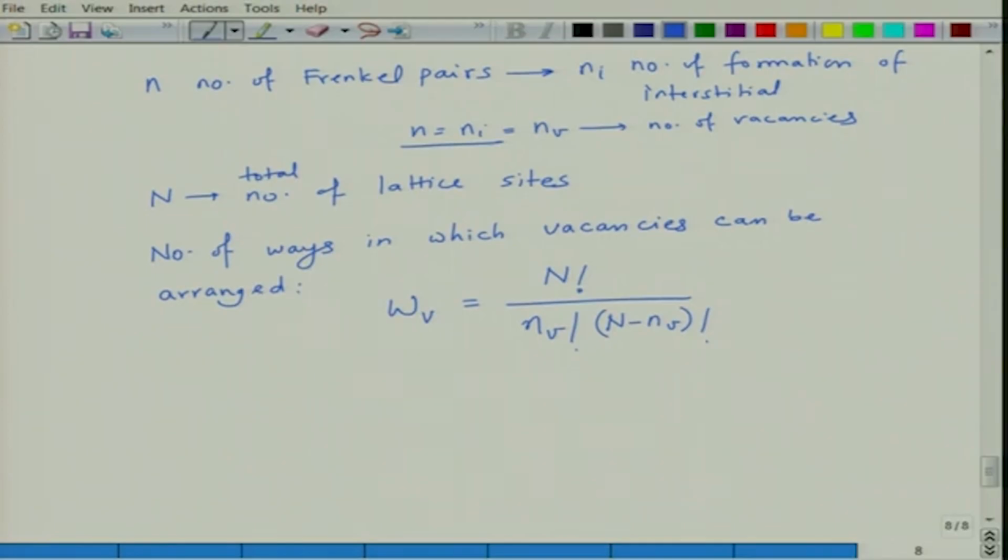Okay. We have similarly the number of ways in which interstitials can be arranged.